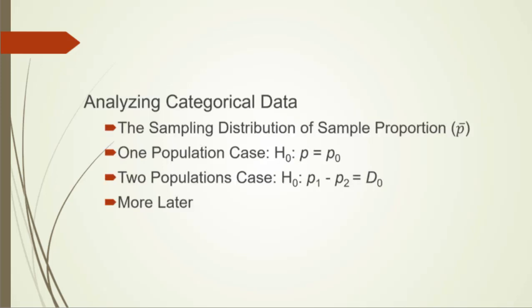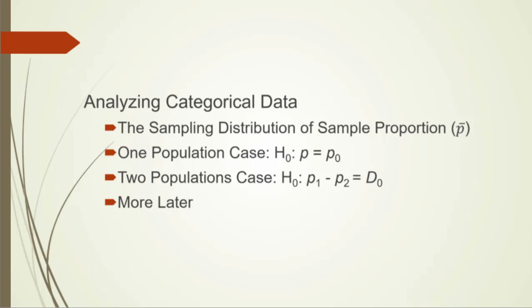The kind of data for dealing with population proportions is generally categorical data. There are largely four types of questions for analyzing categorical data. The first type is on the sampling distribution of sample proportion P bar. The second one is to compare the population proportion P with some threshold constant P0.